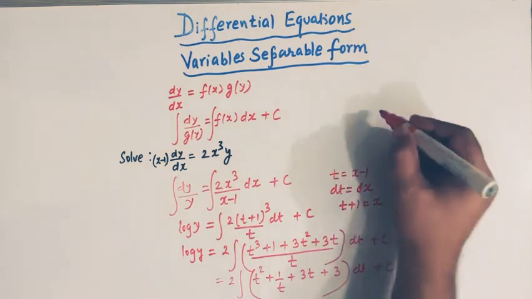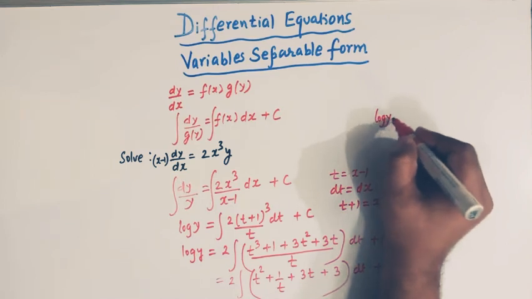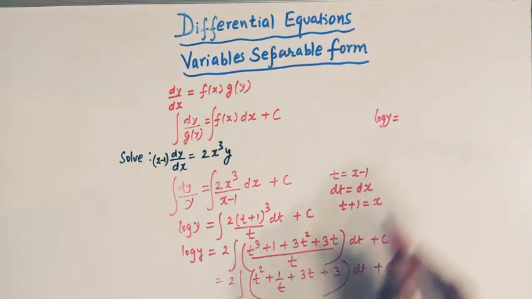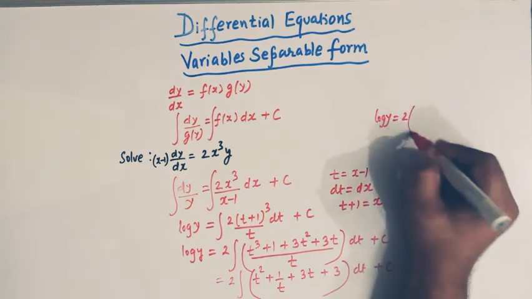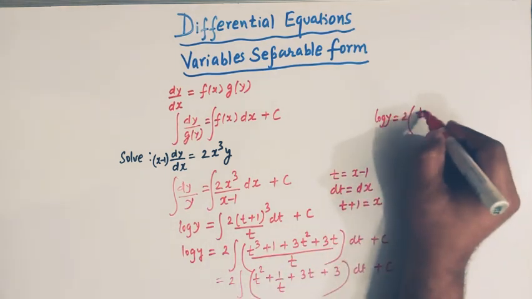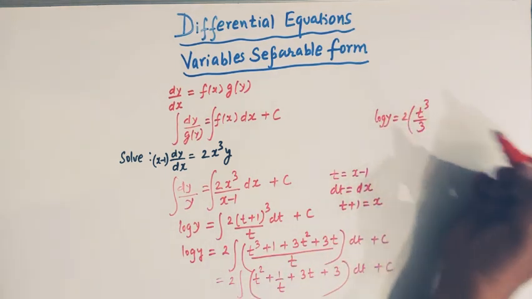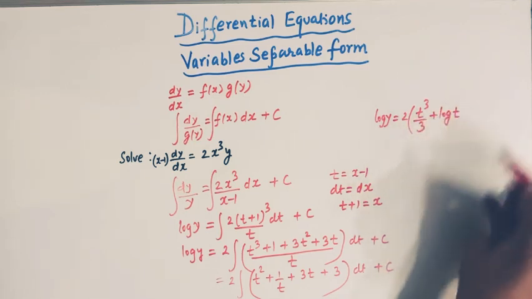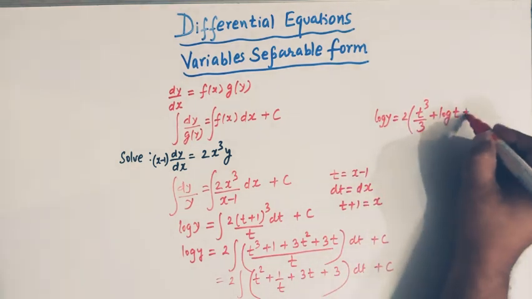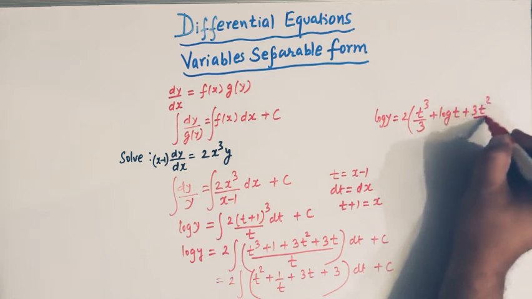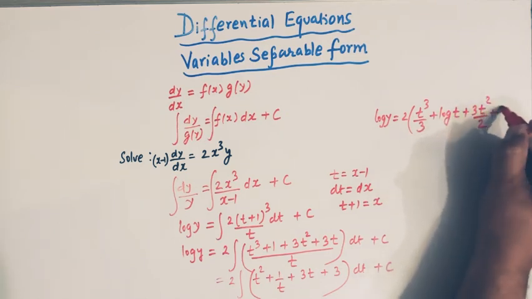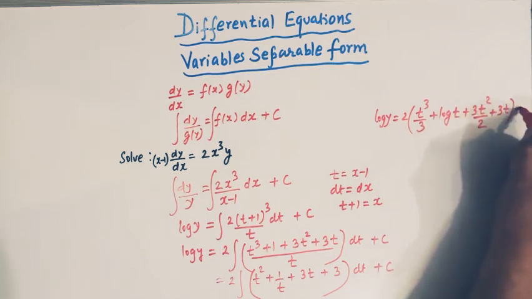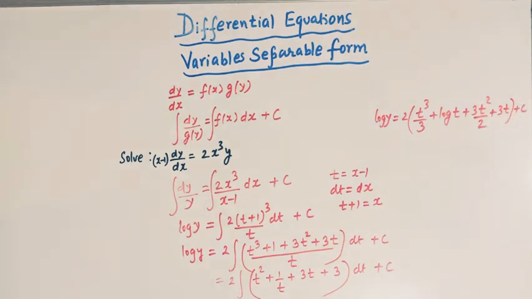Now we have log y is equal to the integral: t square gives t cube over 3, and this is log of t, and here we have 3t square by 2, and here we have 3t plus c, right?